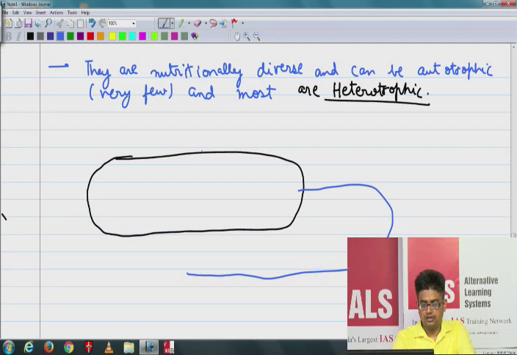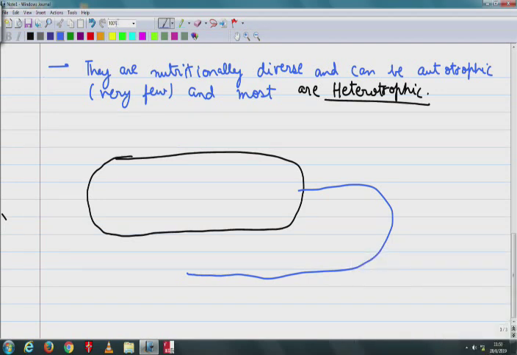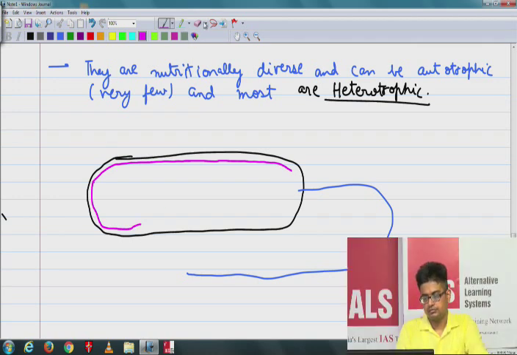The thing on the outside, this is the cell wall, and then on the inside I will have to draw a cell membrane. This is the cell membrane that I am drawing here.